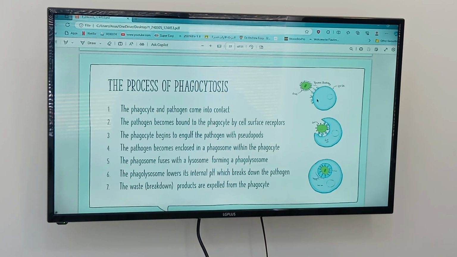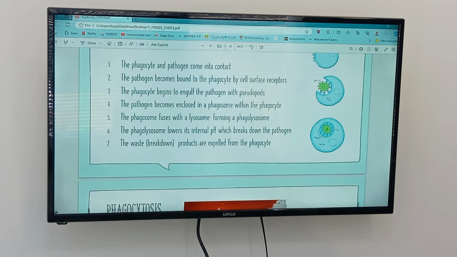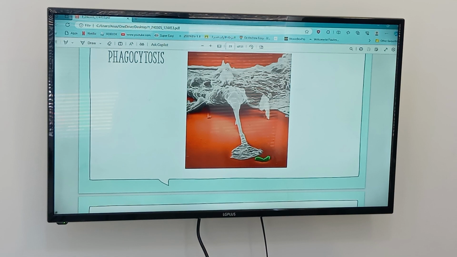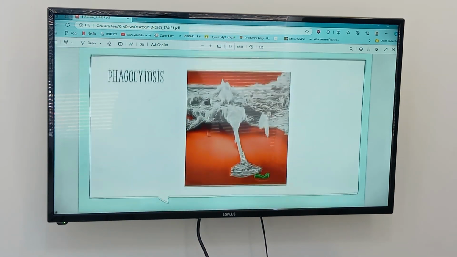This will deal with the pathogen that enters the body. Then they make a pseudopod to surround the pathogen, dissolve it and bring it into the cell. Phagocytosis. We finish with the phagocytosis.